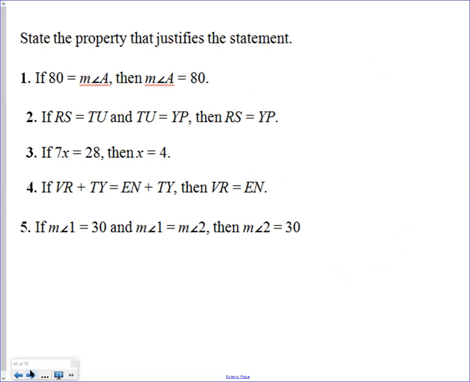State the property that justifies the statement. If 80 equals the measure of angle A, then the measure of angle A equals 80. This is the symmetric property. If RS equals TU and TU equals YP, then RS equals YP.